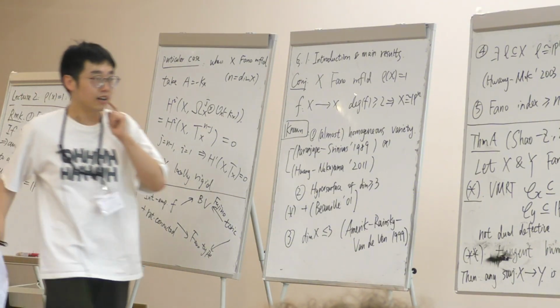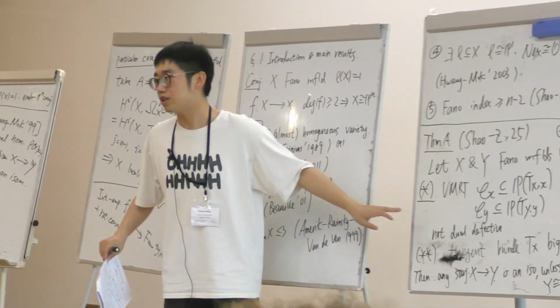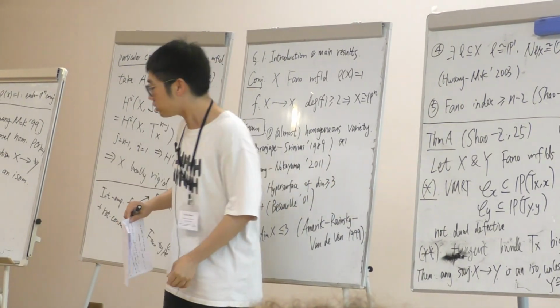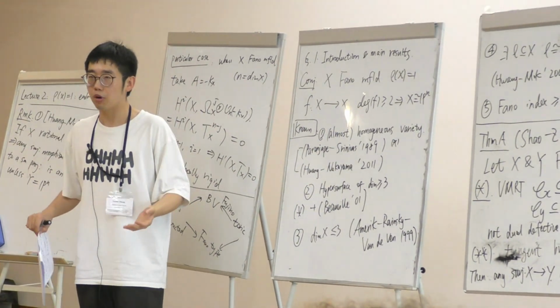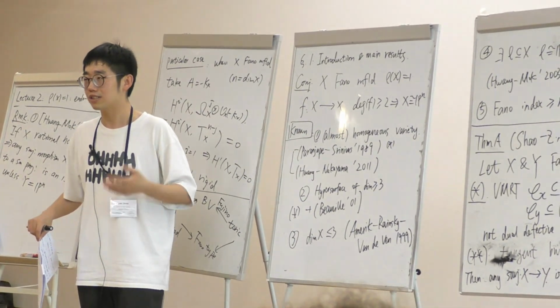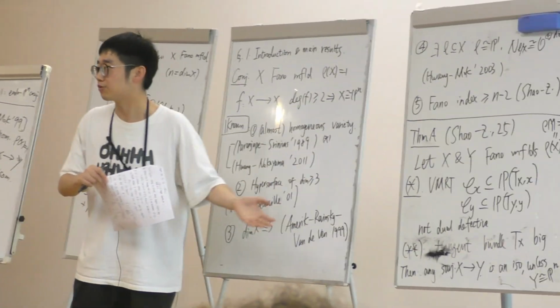But I will explain later that the first assumption is quite mild, because for most varieties this star assumption is satisfied. For example, for hypersurfaces or complete intersections, such an assumption is automatically satisfied.